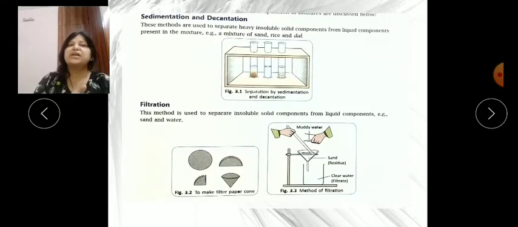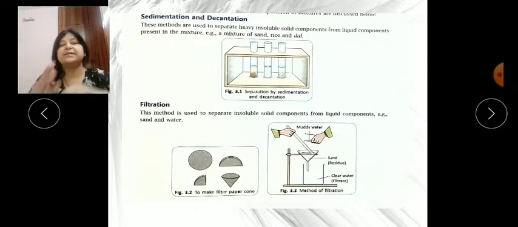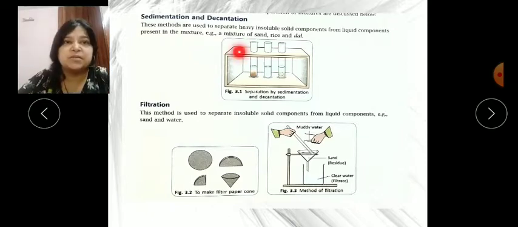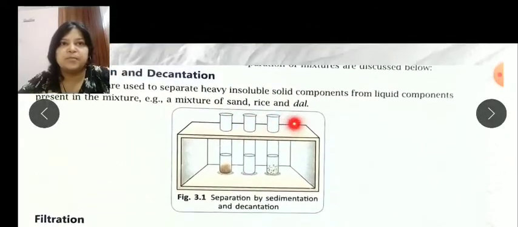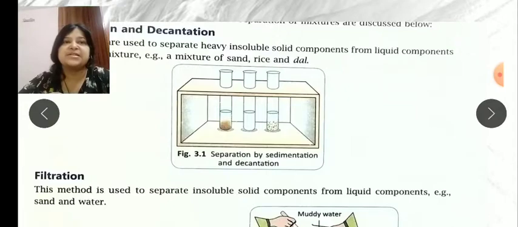Okay, so in class 6 and 7 you all know that sedimentation works under density. Okay, so here you can see, these methods are used to separate heavy insoluble components.